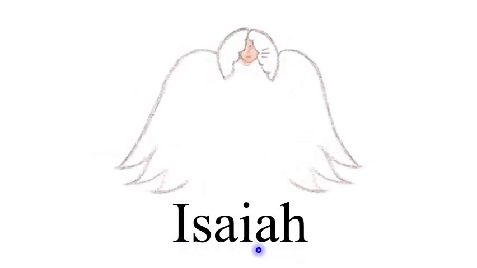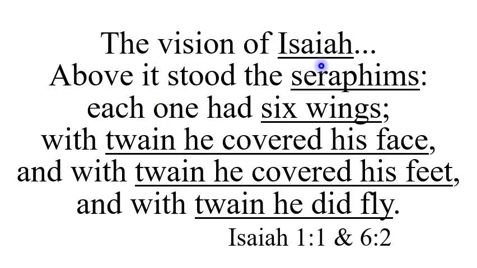The icon for Isaiah is the angel with 6 wings, because it says in the Bible, the vision of Isaiah, above it stood the seraphims. Each one had 6 wings. With twain he covered his face, and with twain he covered his feet, and with twain he did fly.